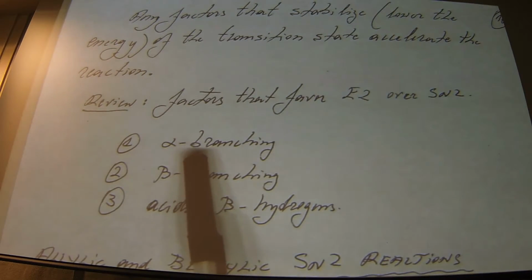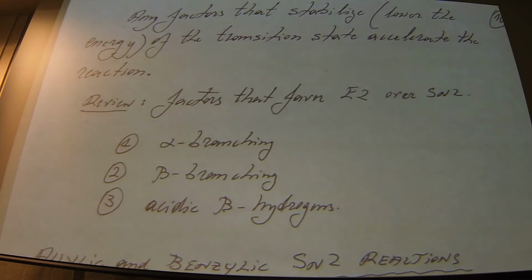Well, we talk about alpha branching, right? So if I have alpha branching or beta branching, it turns out that the elimination is favored. Why is it favored by alpha branching and beta branching? Well, because you're slowing down the SN2. The SN2 is inhibited by alpha branching and by beta branching. So if you're slowing down the substitution, what's left for the molecule to do?